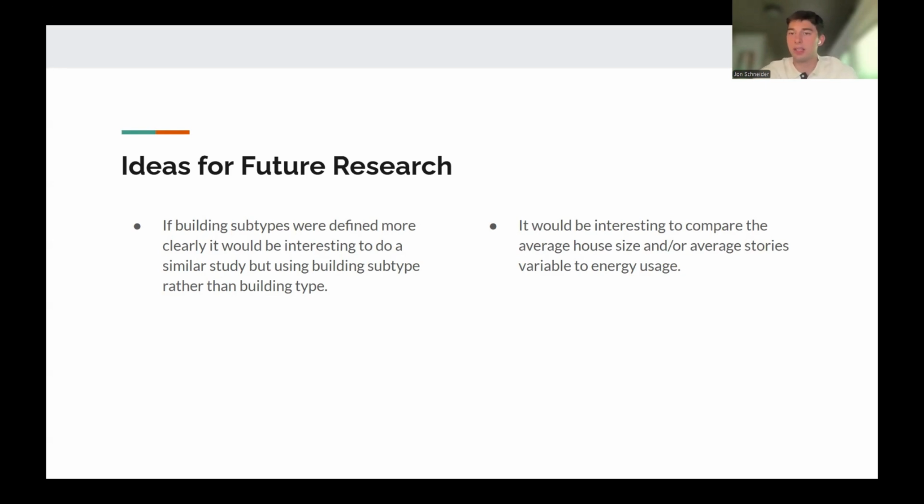We could see if that really is the case or if it's something else, maybe commercial and industrial buildings because it's not individuals paying for their electric bills, it's businesses. Maybe they're willing to spend more to keep their building cooler or warm it up more. But if we looked at other variables in future research, we could help narrow down those conclusions.